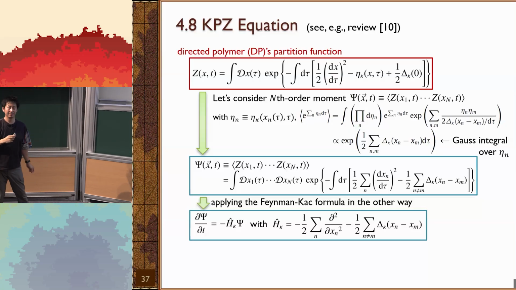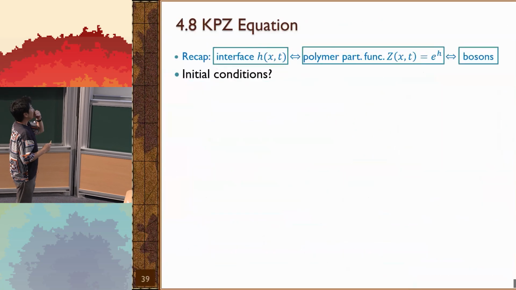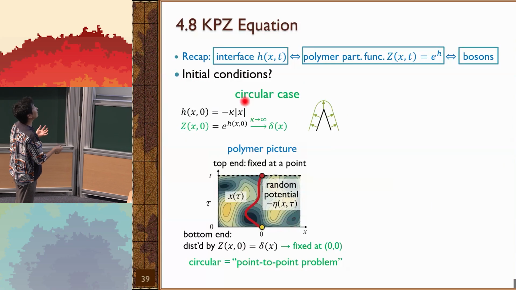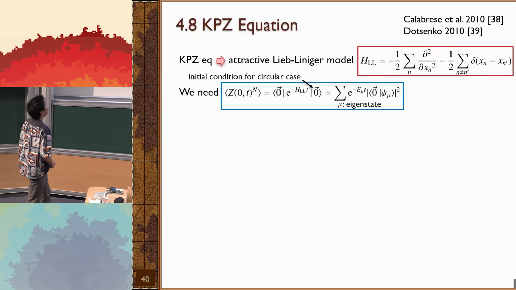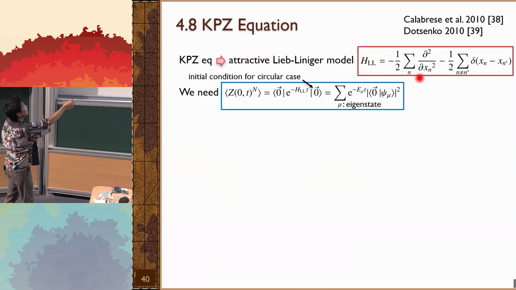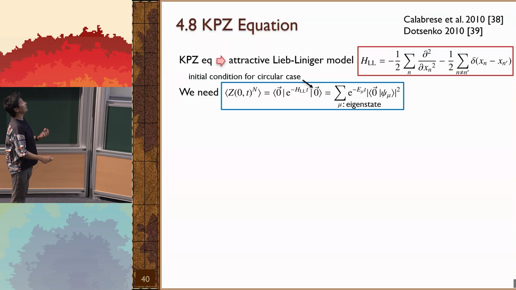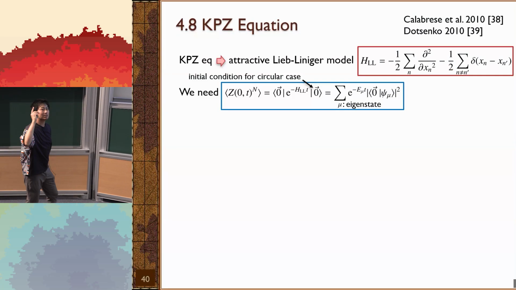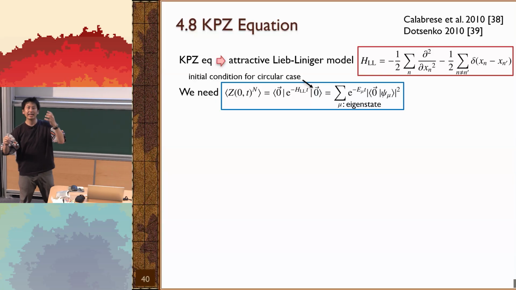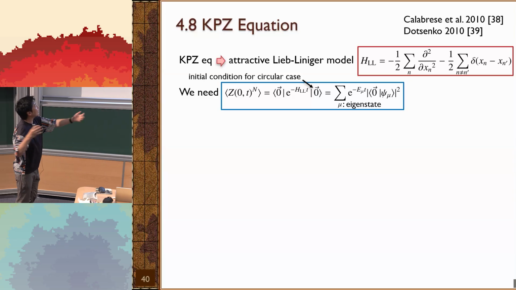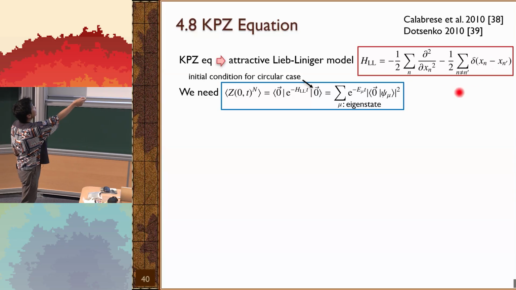Okay. So yeah, I said that the circular case is a point-to-point problem, and then the question is how to solve it. So we have the Lieb-Liniger model with the attractive potential. Then all we need is, let's focus on the fluctuation properties at x equals 0.